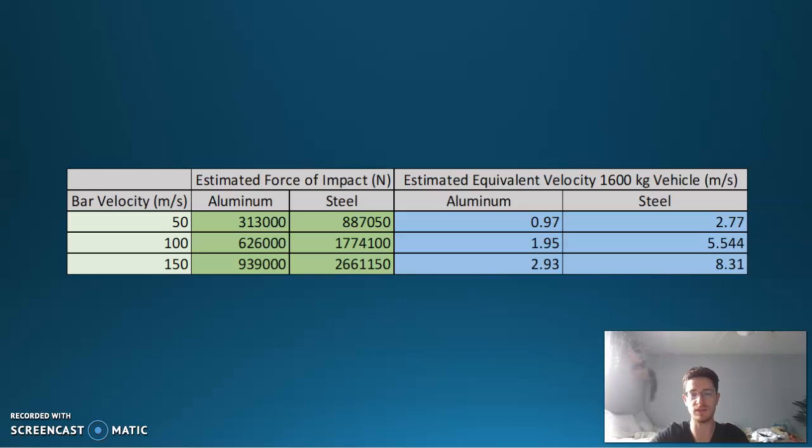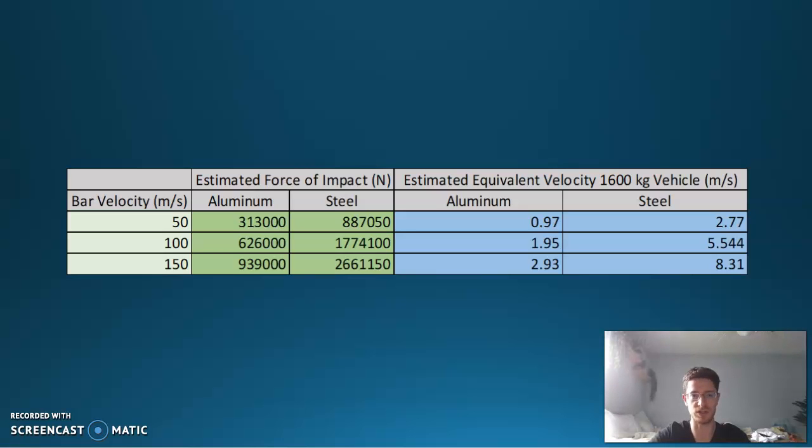As you can see, the equivalent velocity for this type of impact in all the situations was relatively slow. The highest one was about 8.3 meters per second, and my goal originally was to use a 100 kilometers per hour impact, which is around 28 meters per second.